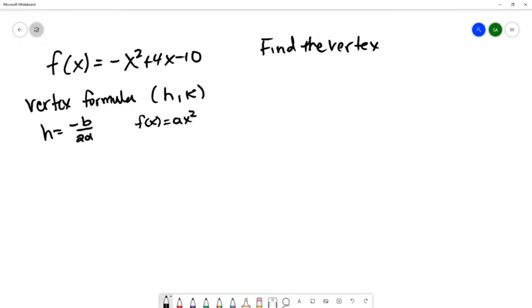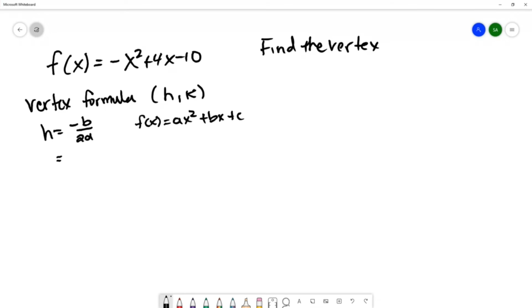The a is attached to the x squared term, that's the coefficient of the x squared term, and bx, see there's the b, and b is the coefficient of the x term, and then plus c. So we can find the x-coordinate of the vertex by using this formula, negative b over 2a.